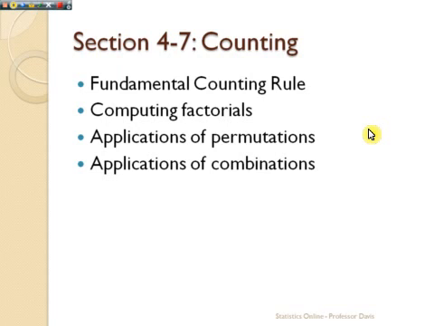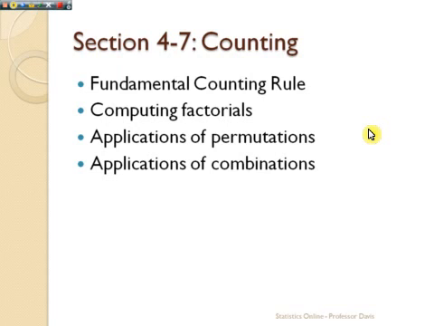So first we want to look over the fundamental counting rule, and there are some nice applications there, very easy to understand and very easy to implement. And then we want to talk about computing factorials. Factorials are a new and specific mathematical operation.